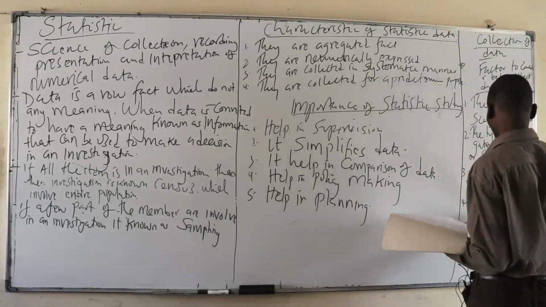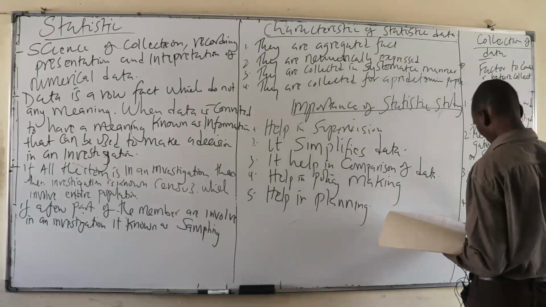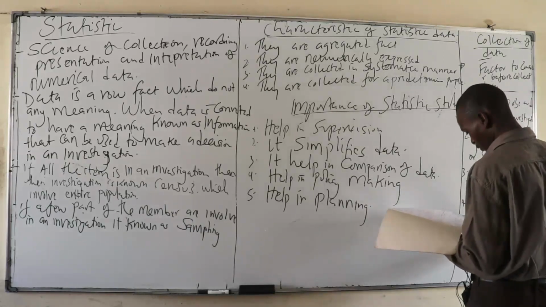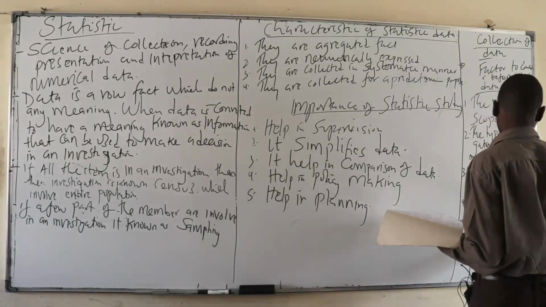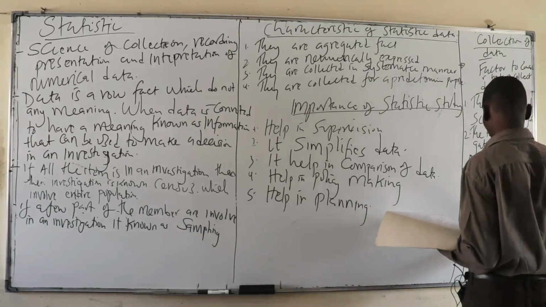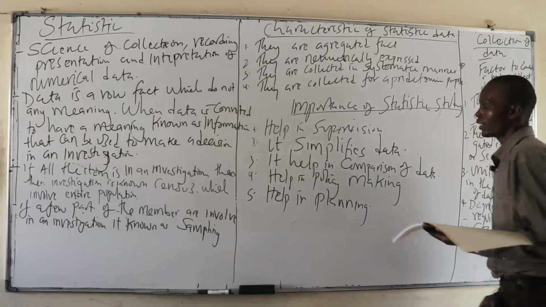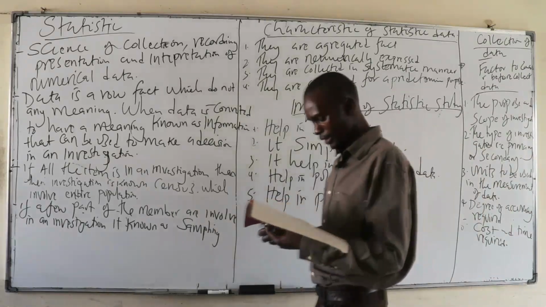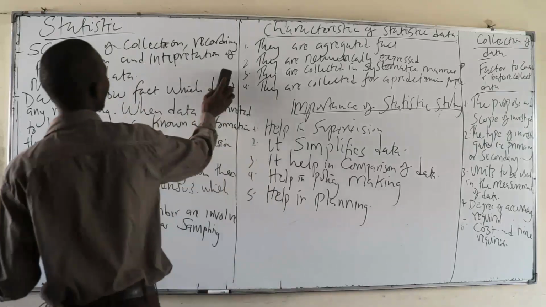Then number 5, the cost and time required. So those are the 5 factors you have to consider before you collect the data.